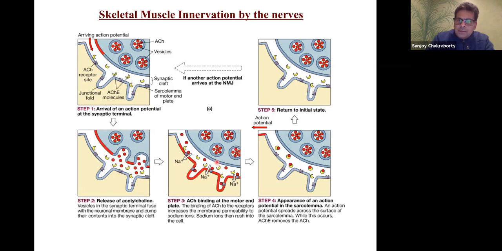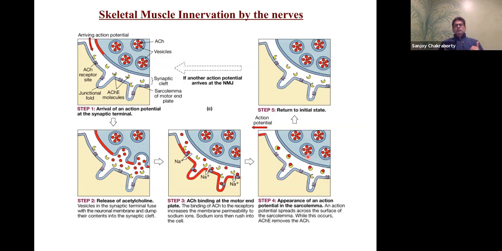As soon as they bind, the signal goes in a fraction of a second. See that? They broke it down, so the signal disappears. Once the signal disappears, calcium is withdrawn from the cytoplasm and goes back to the sarcoplasmic reticulum. The sarcoplasmic reticulum, when they get close, says, hey guys, come back in.